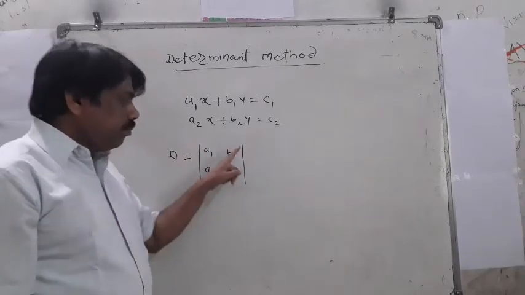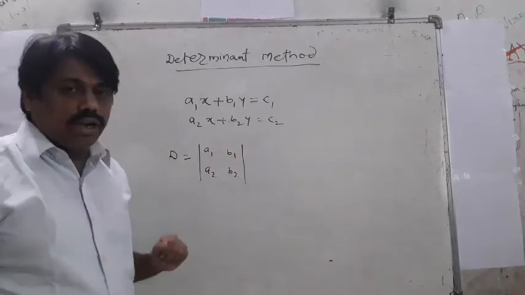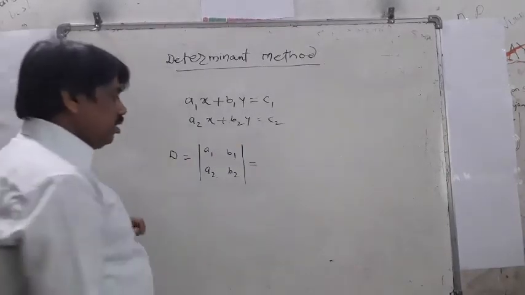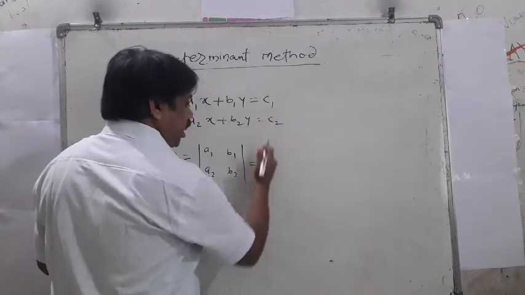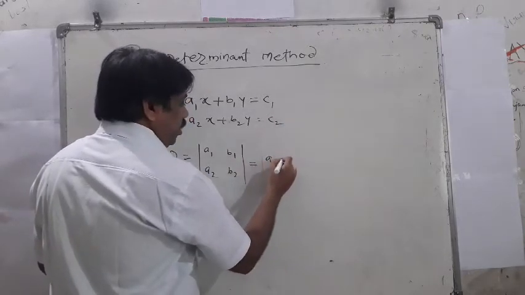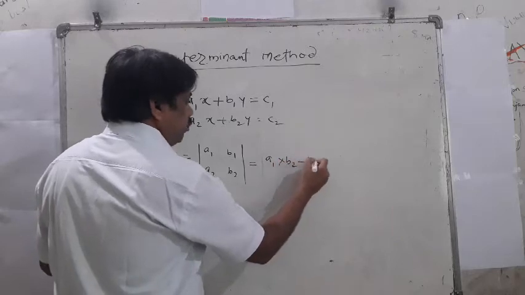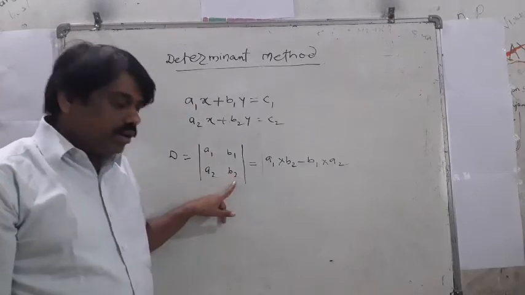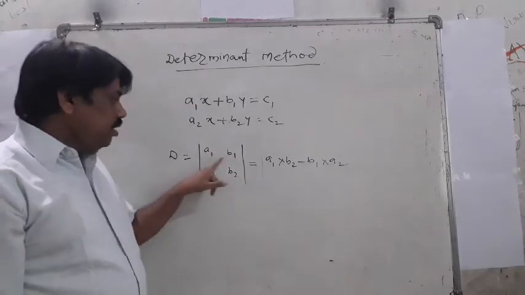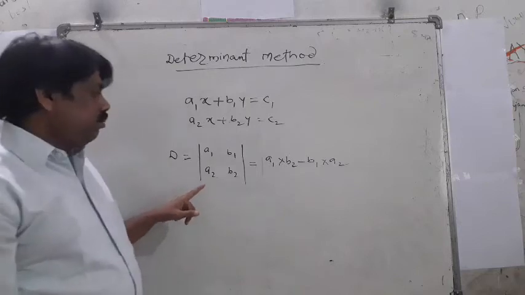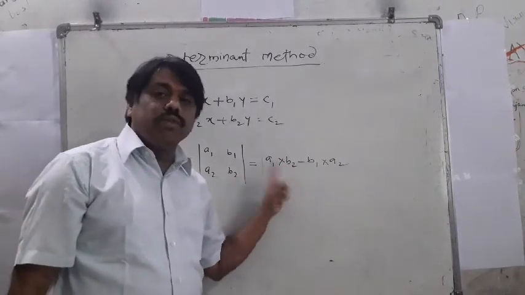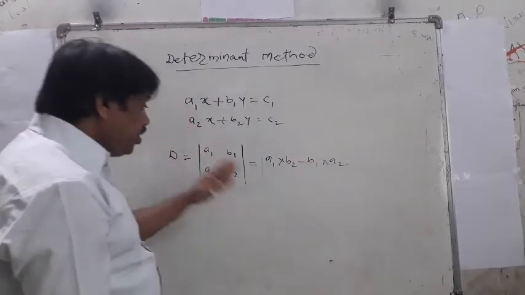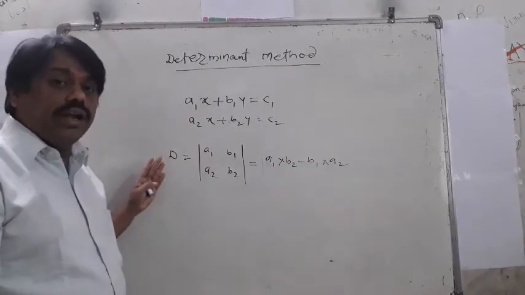These columns are written in bars, and this is why it is called cross multiplication. Look here and remember: a1 into b2 minus b1 into a2. The latter multiplication should be subtracted from the former multiplication. This is the value of determinant D.